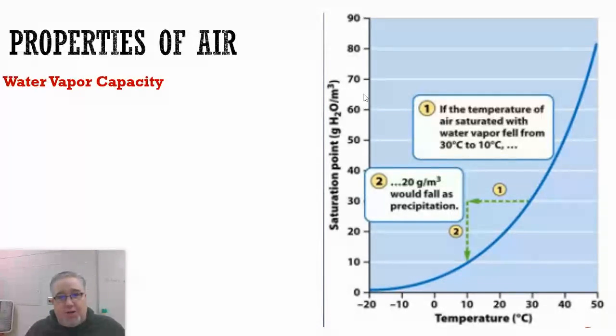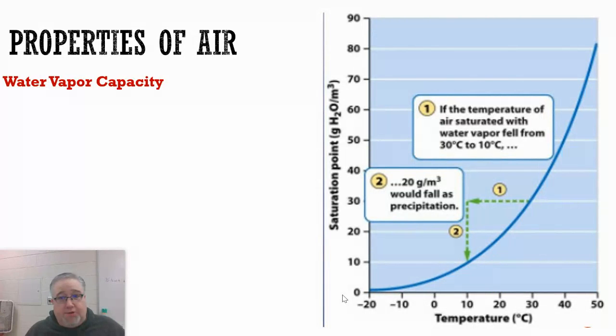All right, so imagine a box, 1 meter by 1 meter by 1 meter. A meter is about the length of your arm, maybe a little bit longer, depending on how small or large your arms are. But imagine a box of 1 by 1 by 1. Okay, and these numbers on the y-axis represent how much water vapor that box can hold.